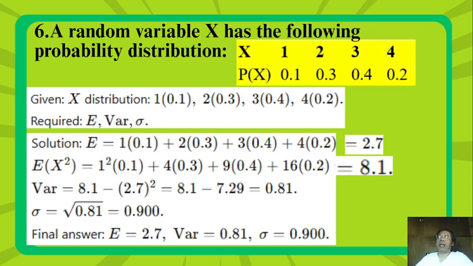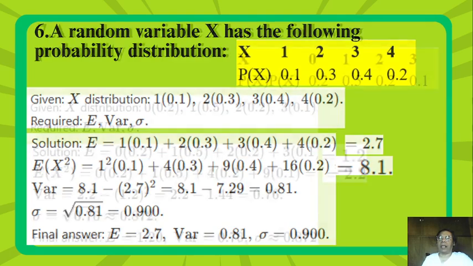And our sigma is the square root of variance, which is the square root of 0.81. So the answer is 0.9. Our final answer is E equal to 2.7, variance equal to 0.81, and sigma is 0.9.